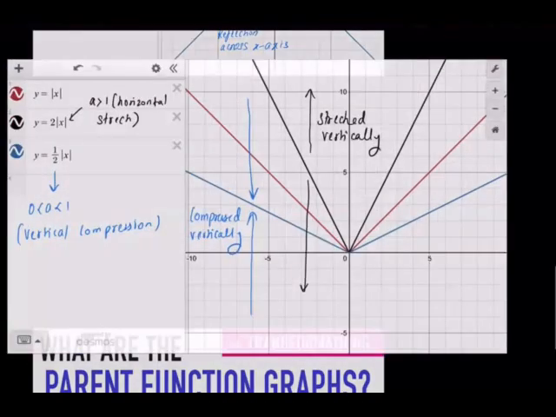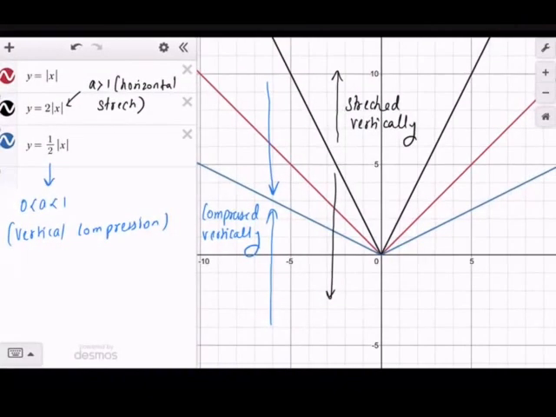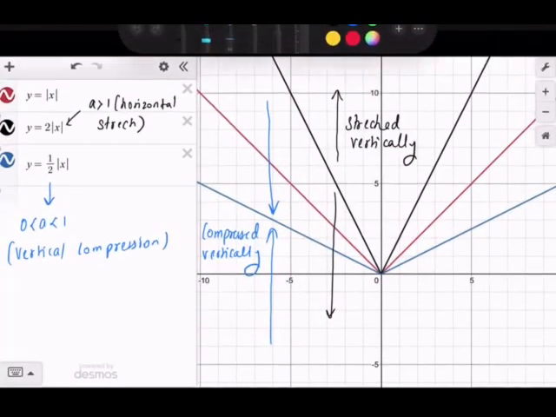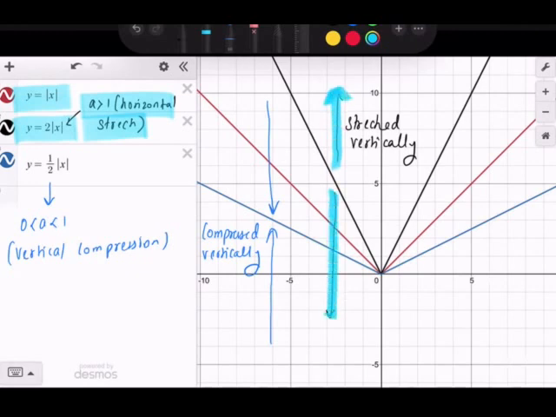Next was the stretch. As you can see over here, if we multiply by 2 outside the function, it is going to be a vertical stretch. Now we can see the black curve is stretched, like we have pulled the red curve vertically, so it will look like the black curve.